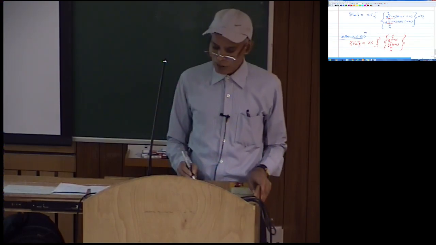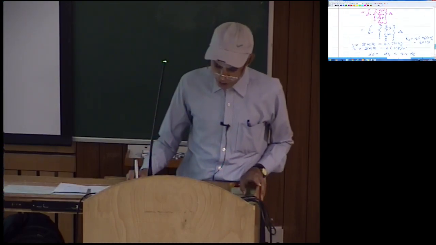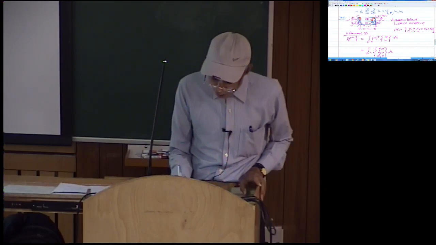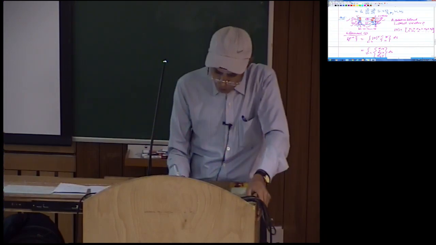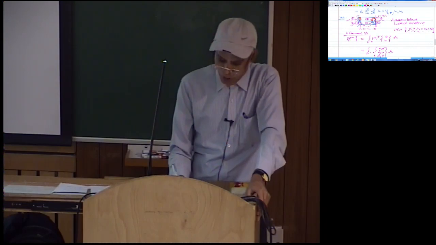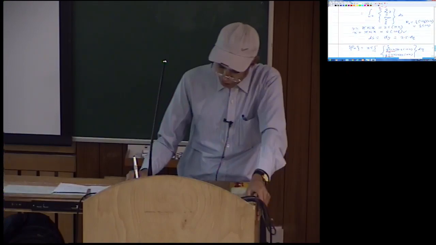Now y for the second element you have to write, because if you are using the origin of y coordinate here, or if you take the origin of y coordinate here, then the value of q here is non-zero, so you can do either way. So the y coordinate at any point here is going to be actually this phi plus the local y coordinate within the second element, so you can write either way.